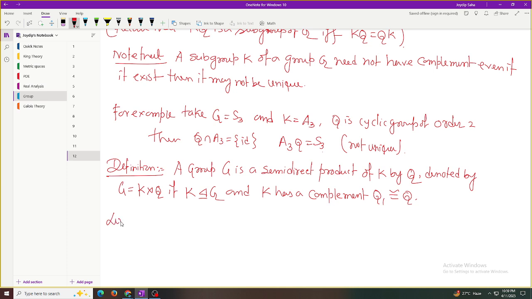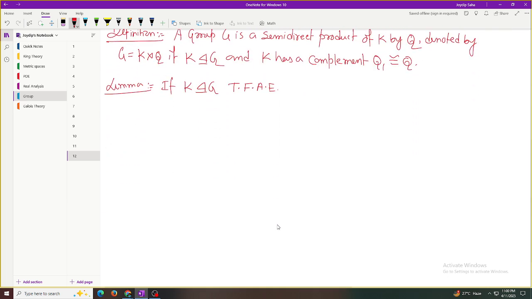Some lemma: if K is a normal subgroup of G, the following are equivalent. This discussion is very important.